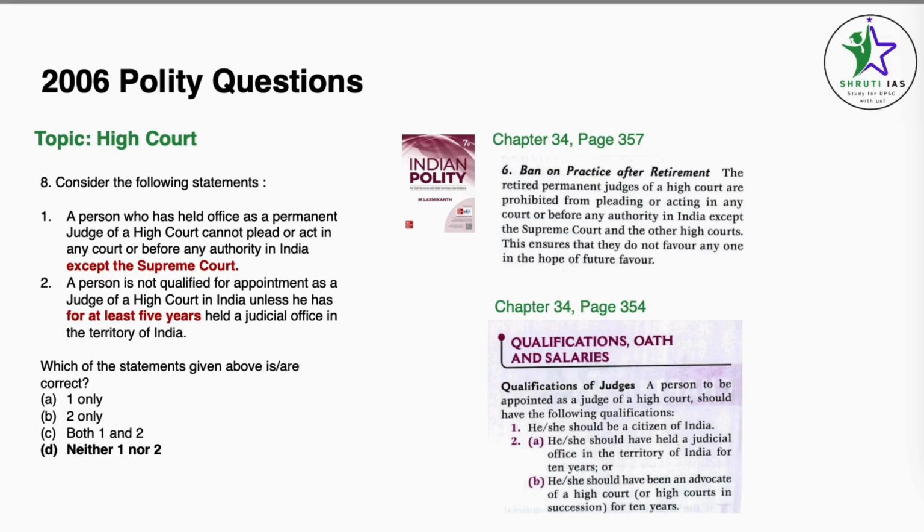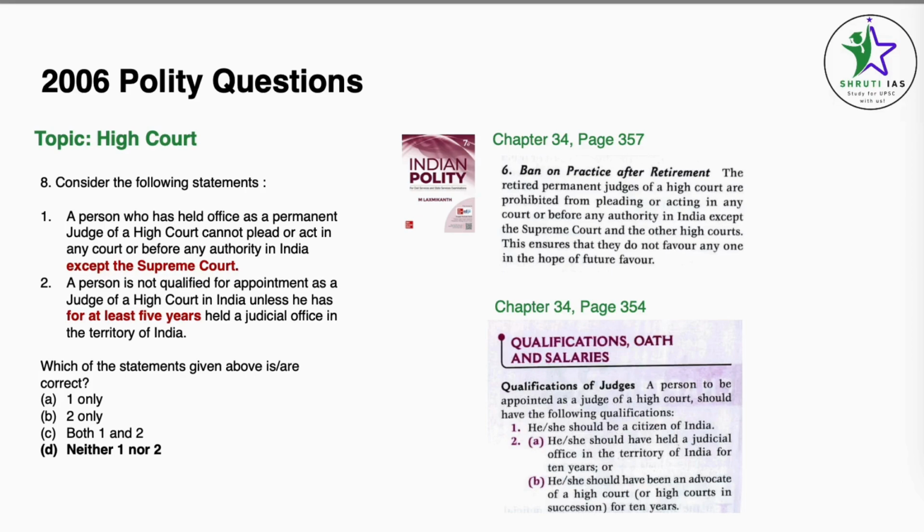Now in page 357, point number 6, if you look at ban on practice after retirement. Point number 1 becomes wrong because here the retired permanent judges of high court are prohibited from pleading or acting in any court or before any authority in India except the Supreme Court and other high courts. Why is it wrong? Because here it is only given Supreme Court and not other high courts. They are allowed in other high courts as well.